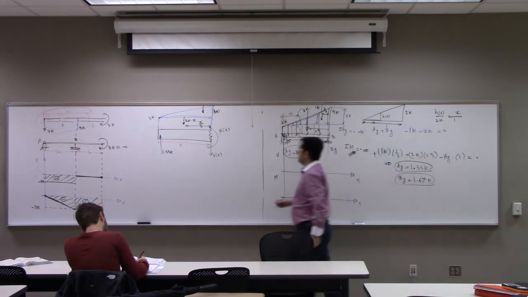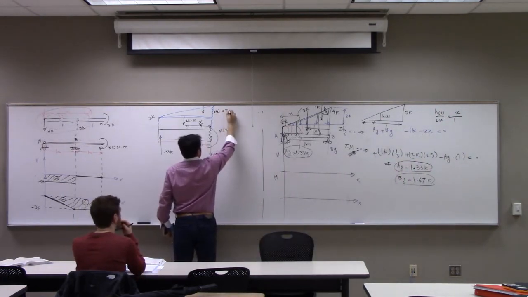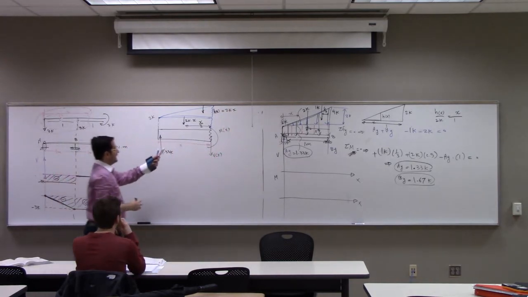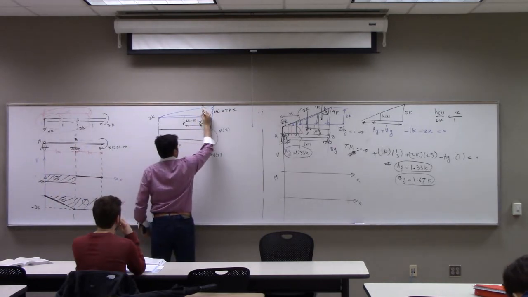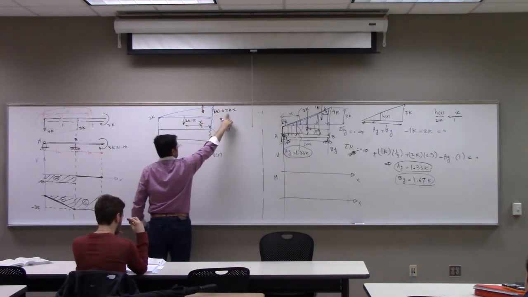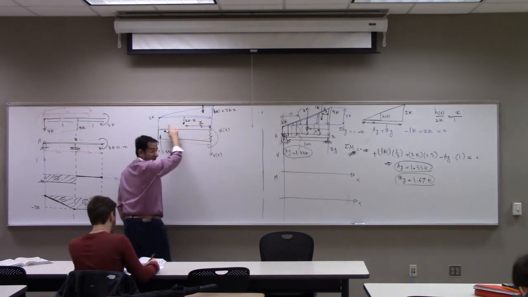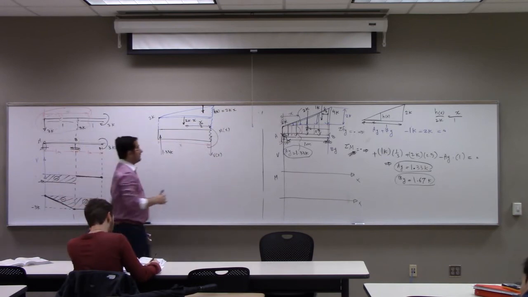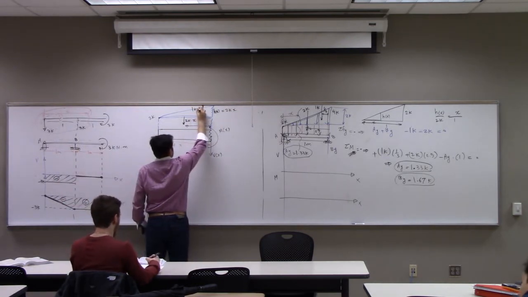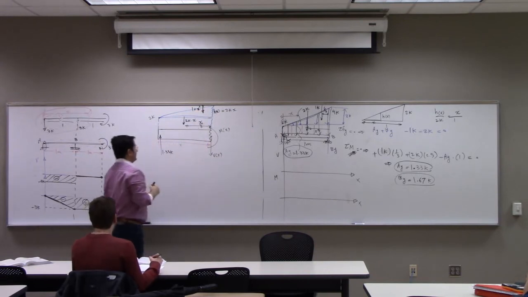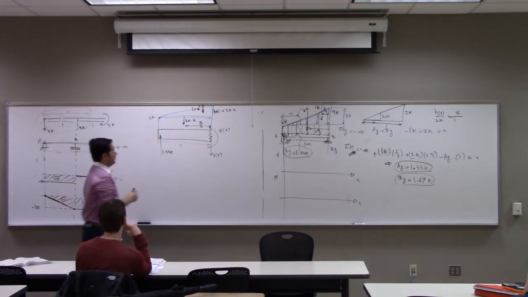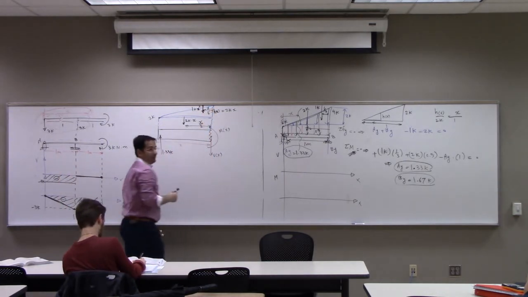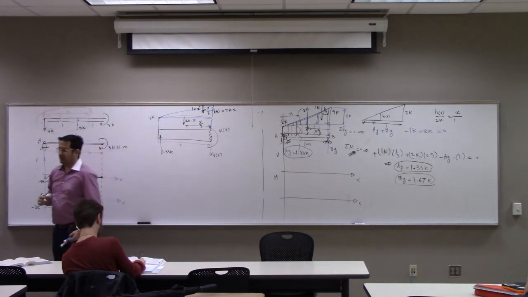So h of x is simply 2k times x. Don't forget the k. Right? So the area of that, this point load, is the height, which is 2k times x, times the base, which is x, divided by 2. So it's 1k x squared. Right? And the location is x over 3. 1/3 of x.